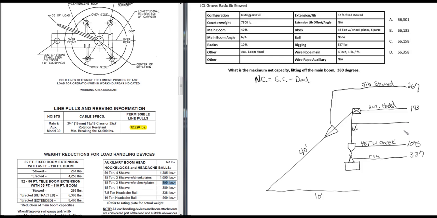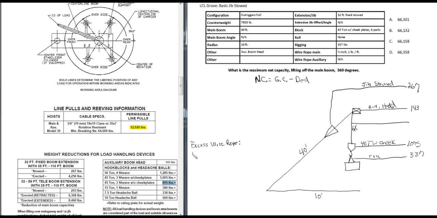Let me write a definition of excess wire rope. It's not a difficult concept, but it can be difficult going from one crane where you deduct all the wire rope to one where you only deduct the excess.